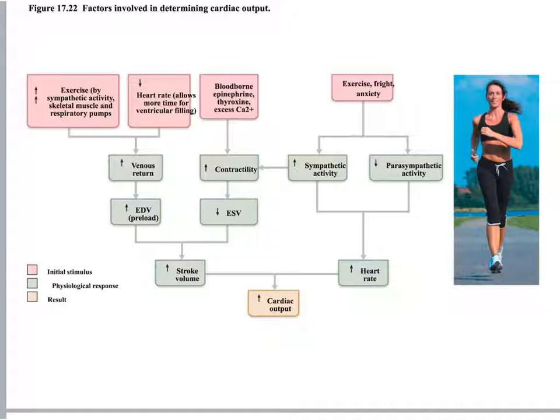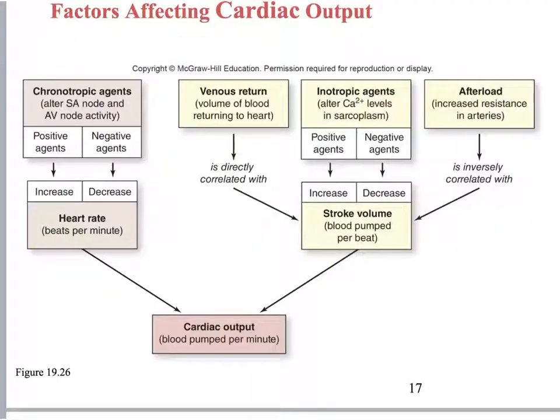Most of the things we've talked about not only affect heart rate, they also affect stroke volume. So they actually affect both factors at the same time. You can see end diastolic volume goes up, preload's higher, increased stroke volume, increased heart rate. Both of them lead to increased cardiac output.